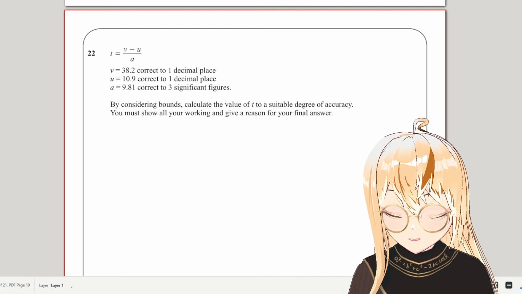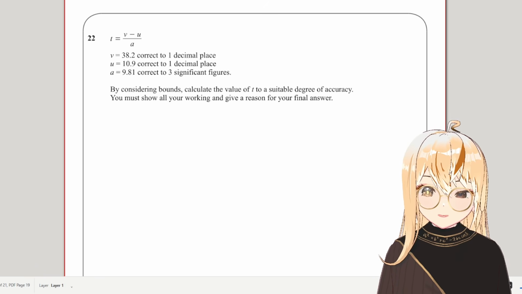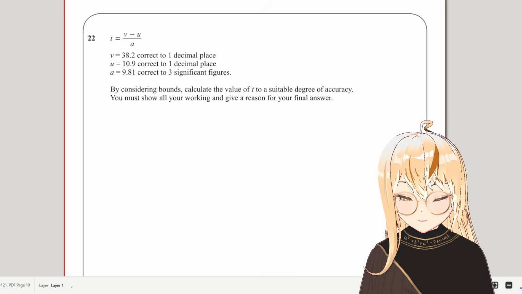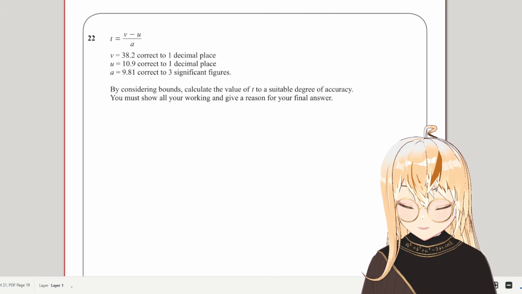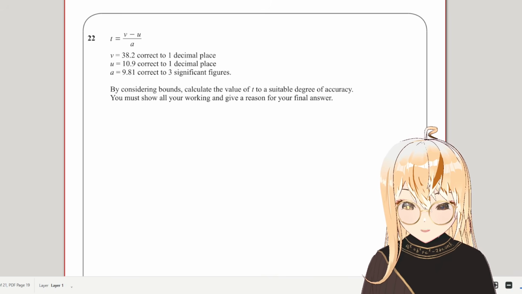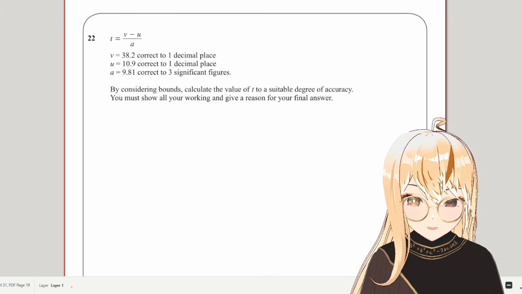A bounds question. So for bounds questions, we want to find the lowest possible value and then the highest possible value. So for the lowest, we want to have the numerator as small as possible and the denominator as biggest as possible, and then vice versa for the largest.